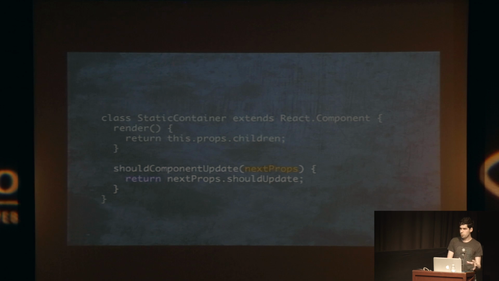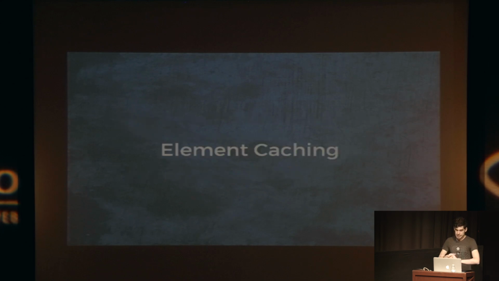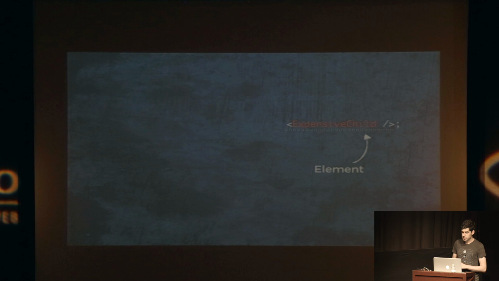And so this is one way to do it, but there's actually another way to achieve the same effect using React. And this is called element caching. In order to understand what this technique is, we need to understand what an element is. A React element is anything returned by JSX. And if you're not using JSX, you can use React.createElement to return it.